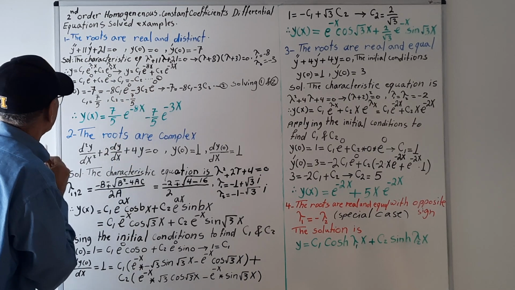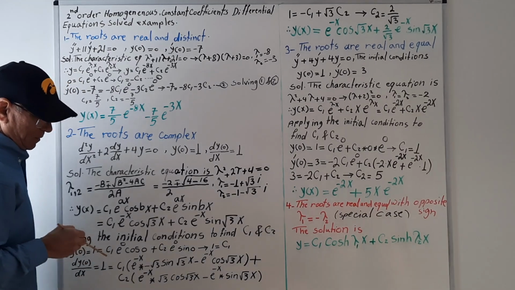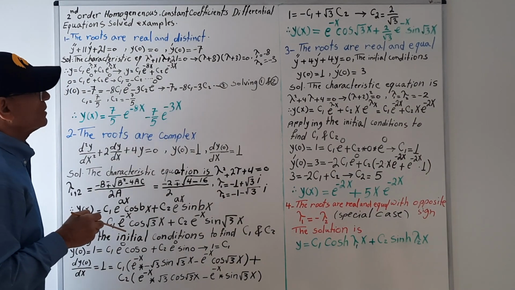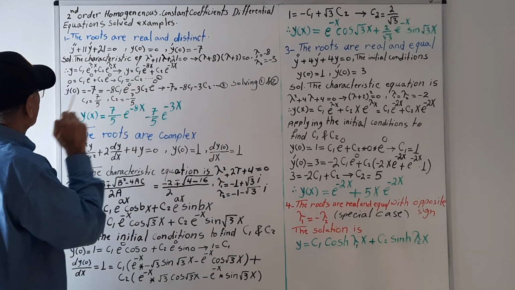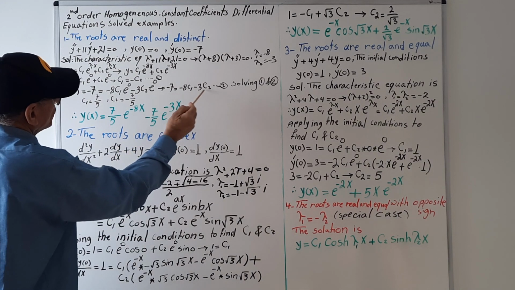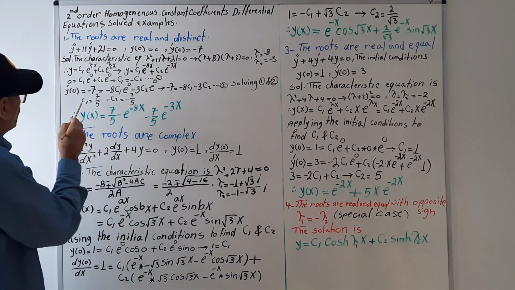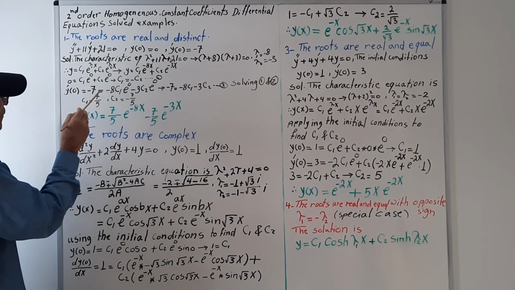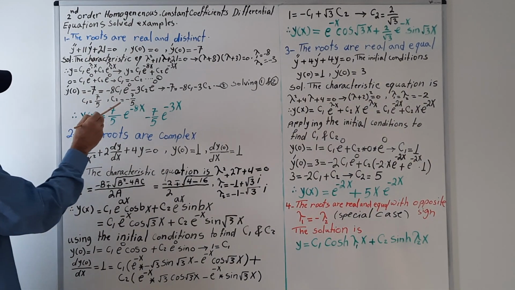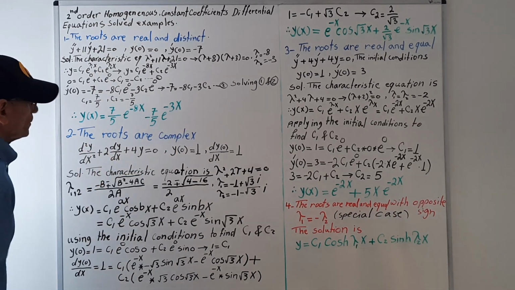This is equation 1. The second, y prime of x at 0 equal minus 7, and this is equation 2. We solve equations 1 and 2, and we find C1 equals 7 over 5, C2 equals minus 7 over 5, and here is our solution.